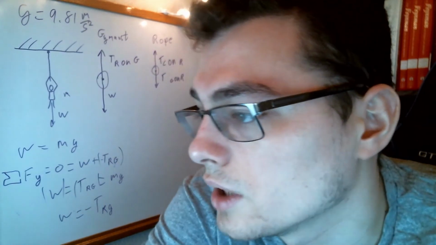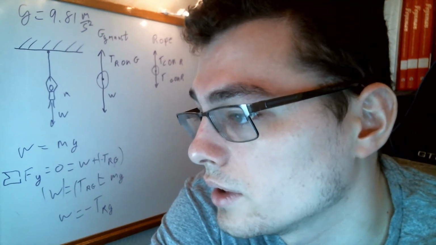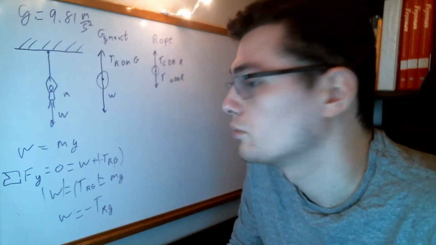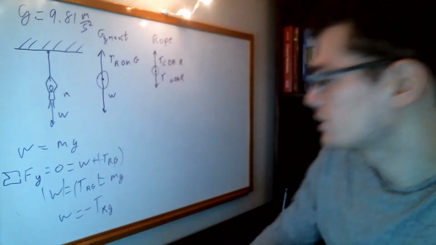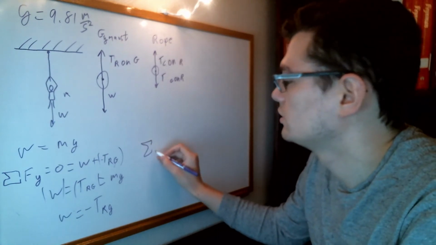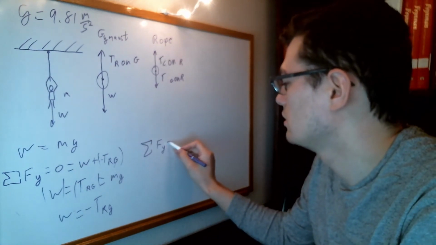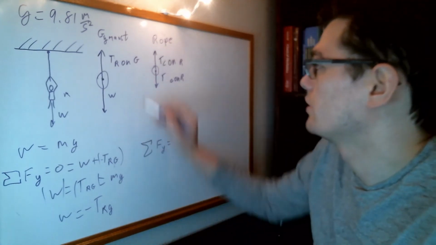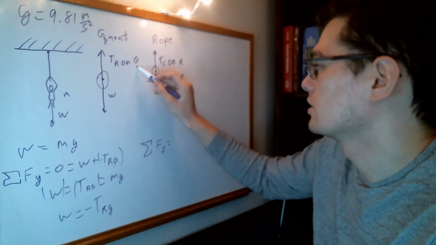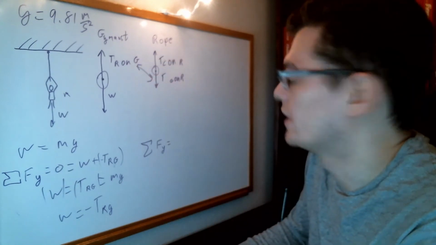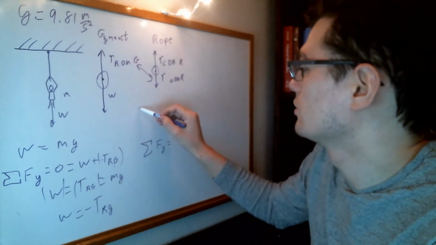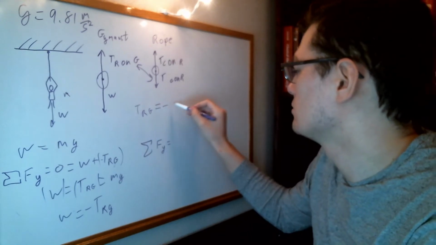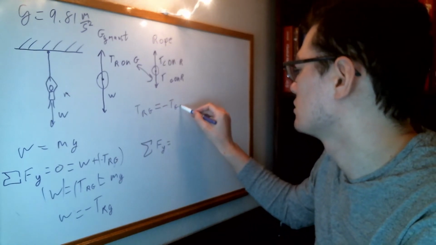Okay. And then next up, we have to find what the tension on the top of the rope is. And so we basically do the same process here. We say that sigma Fy is equal to 0. And we have this connection here, because we know by Newton's third law that if we are going to reverse this, TRG is going to be equal to the negative of TGR.